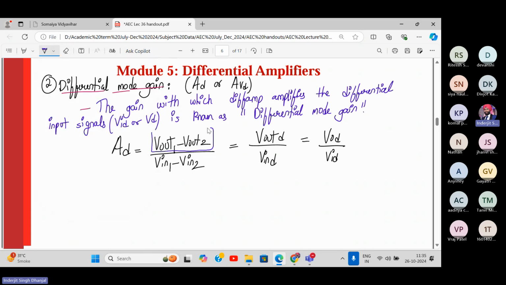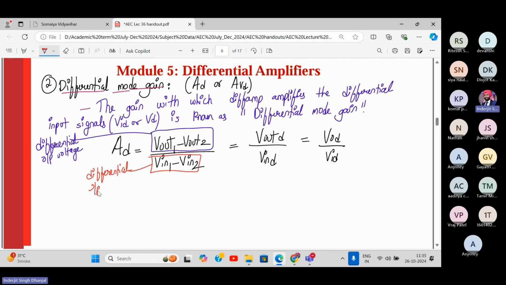The first term is called the differential output voltage. Yes or no? And the lower term, the denominator term, is called the differential input signal, right? Yes or no?